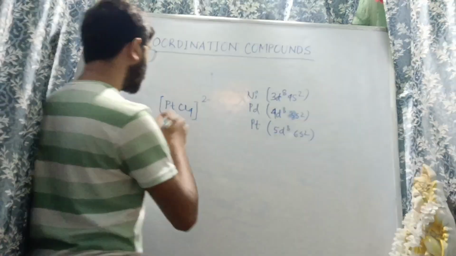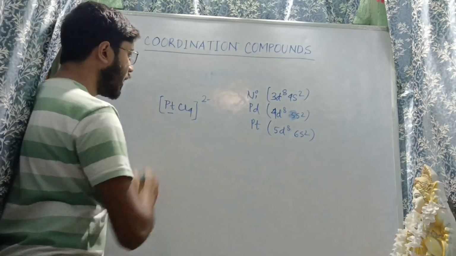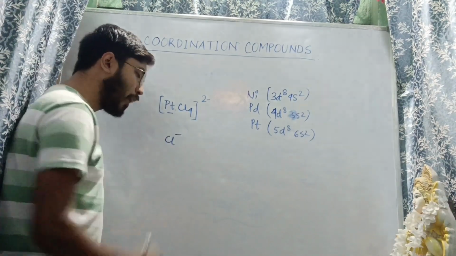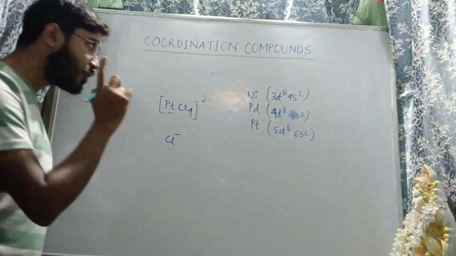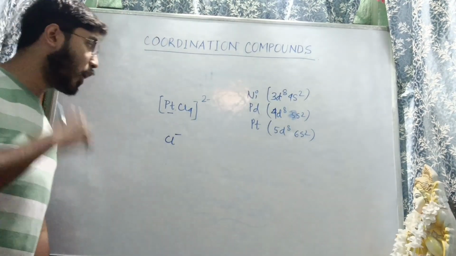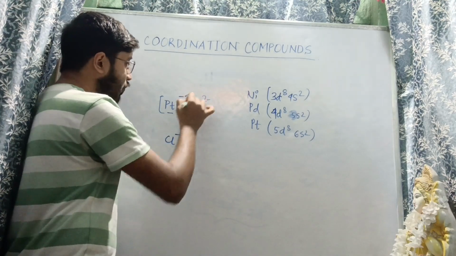Here we know that chlorine is present in nature as Cl minus, chloride ion. So each chlorine atom contributes a single negative charge. So overall 4 chlorine atoms contribute a -4 charge.